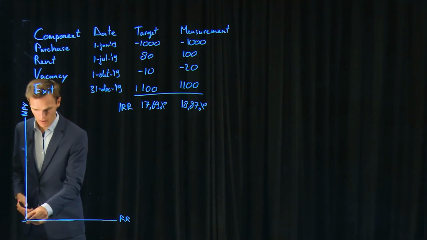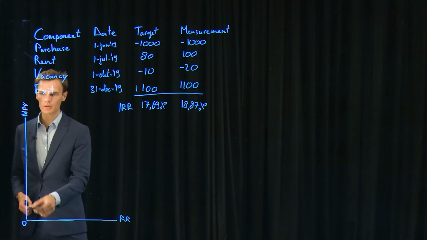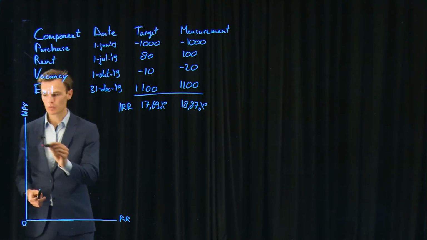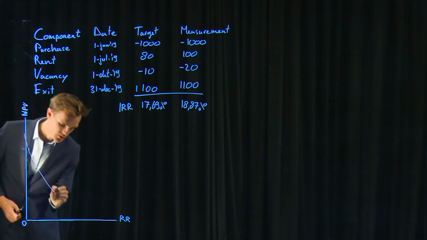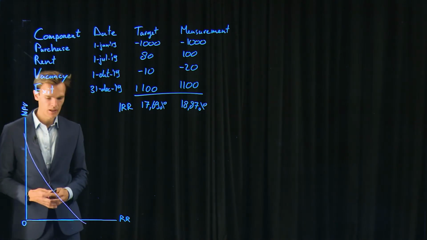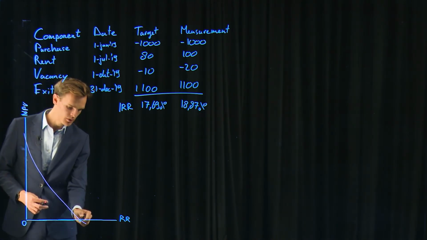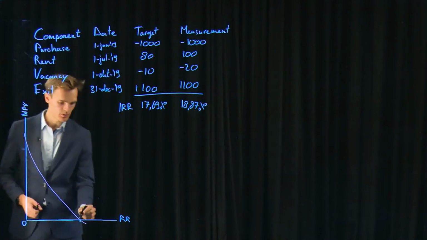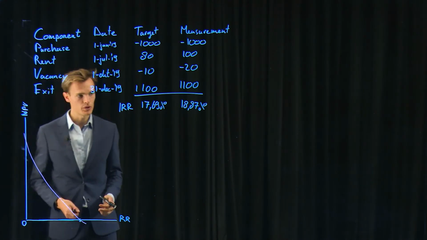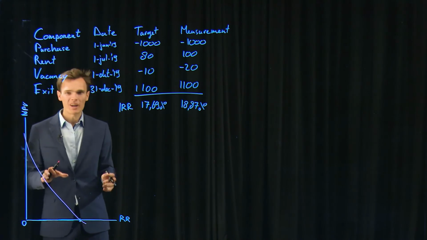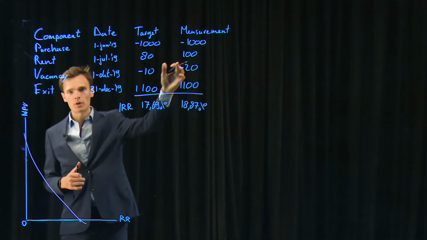So this is where the value is 0. And the target portfolio will look something like this. So this is the NPV curve. And now the rate of return at which the NPV is 0 lies somewhere over here, which should be 17.69%.